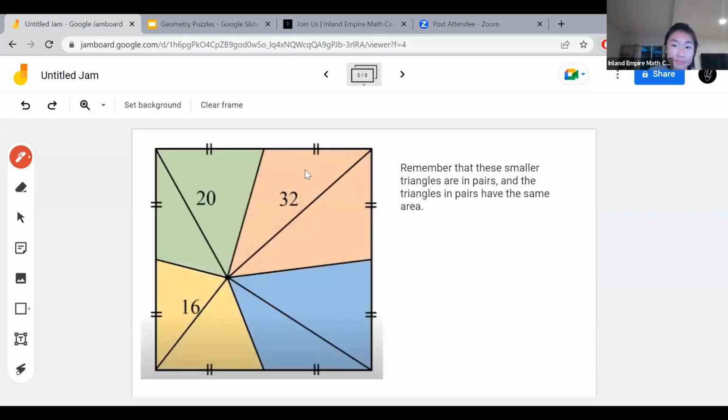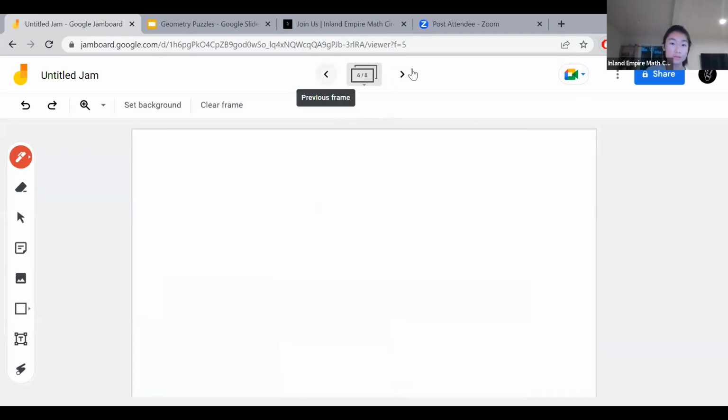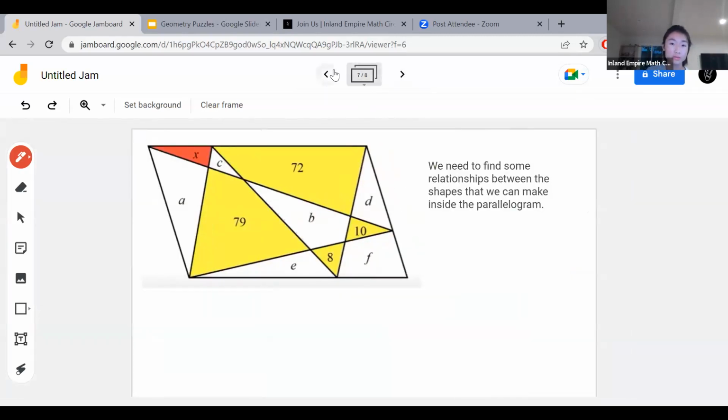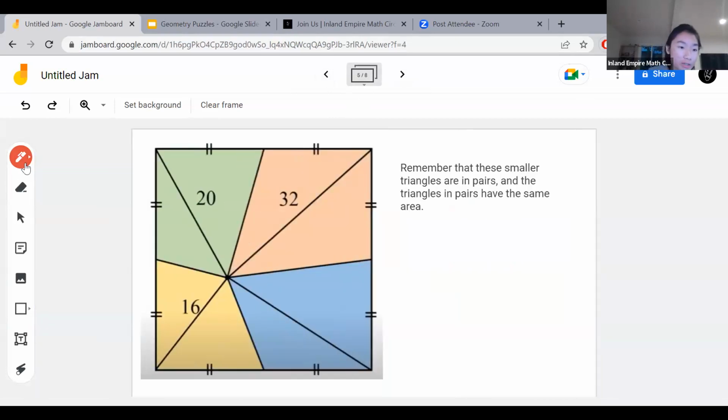So now that we figured out that these two triangles have the same area, we can start working on this problem a little bit more, right? So again, we drew these lines going to the corners. They have the same base and the same height. So now we can just go around and label some of these triangles.